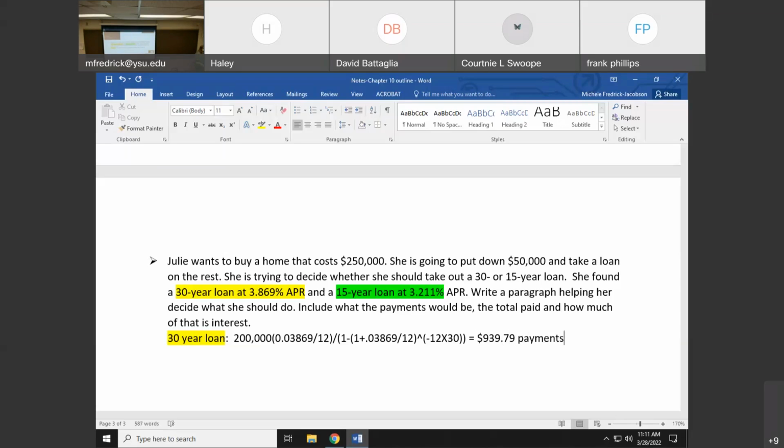So that's what our payments would be. They also want us to find the total that we're going to pay and how much interest we'll pay. Total paid is called contributions. It's how much money you paid. It's your payments times 12 times the number of years.